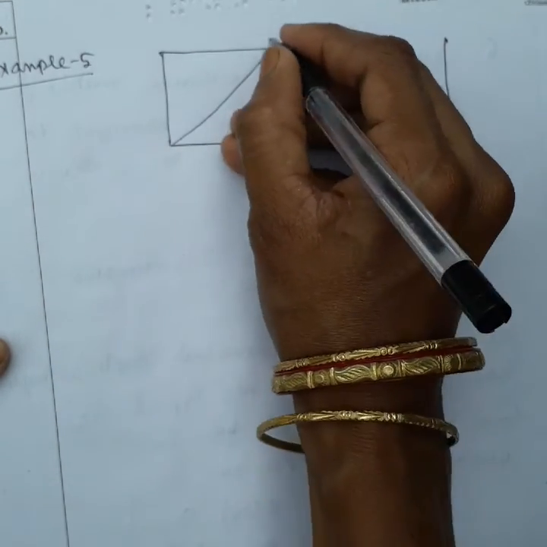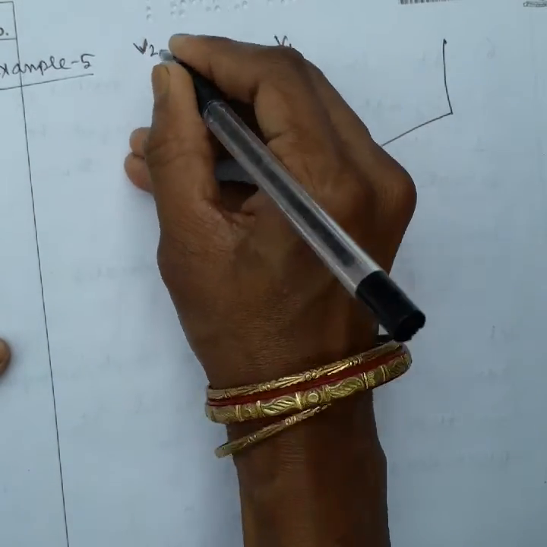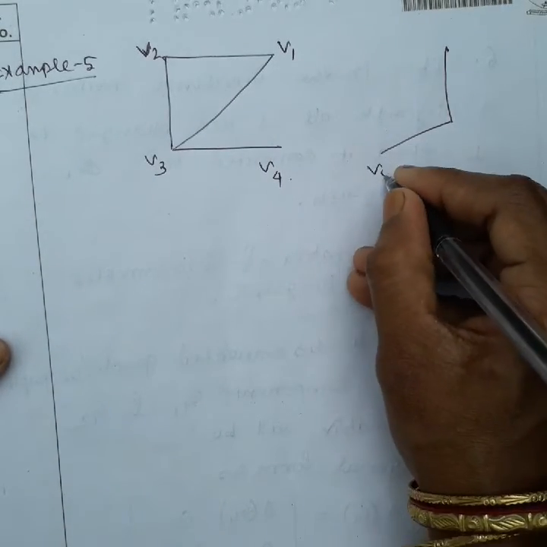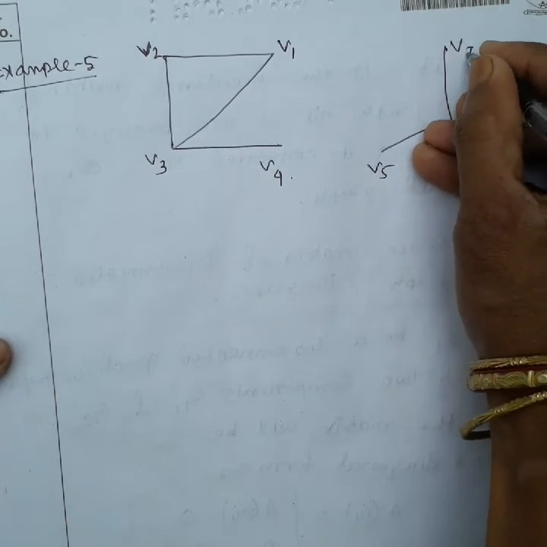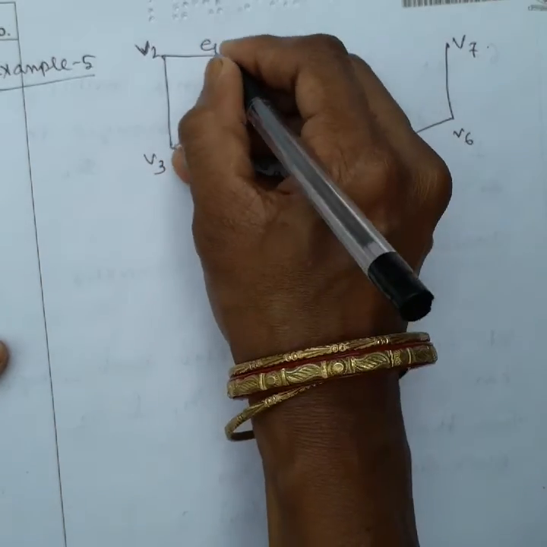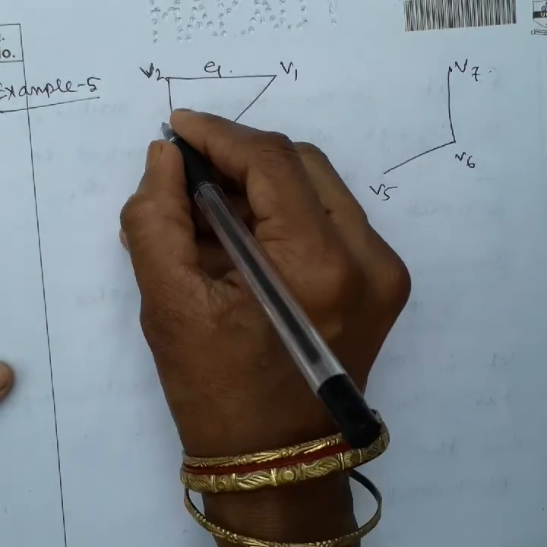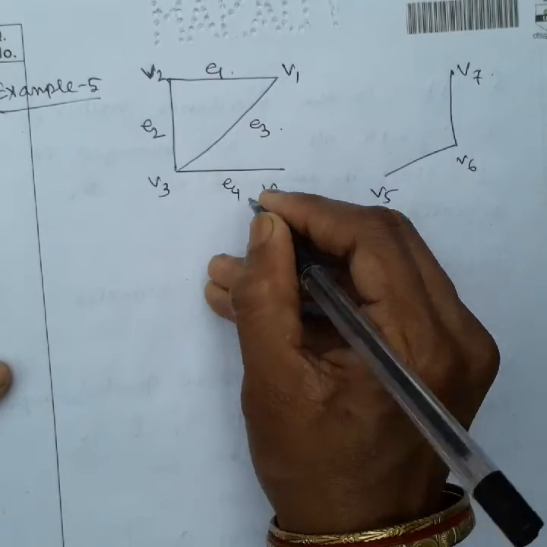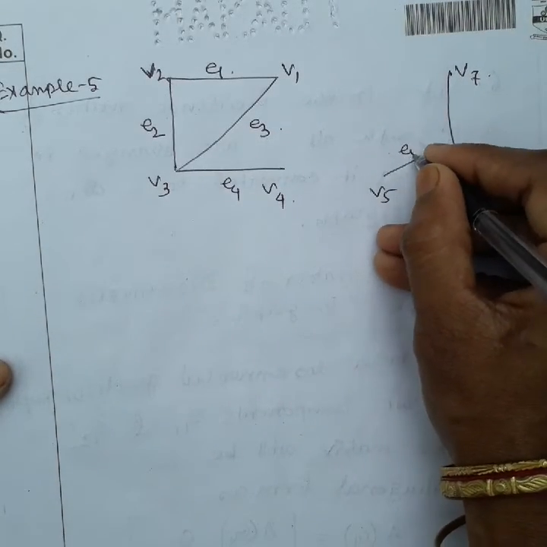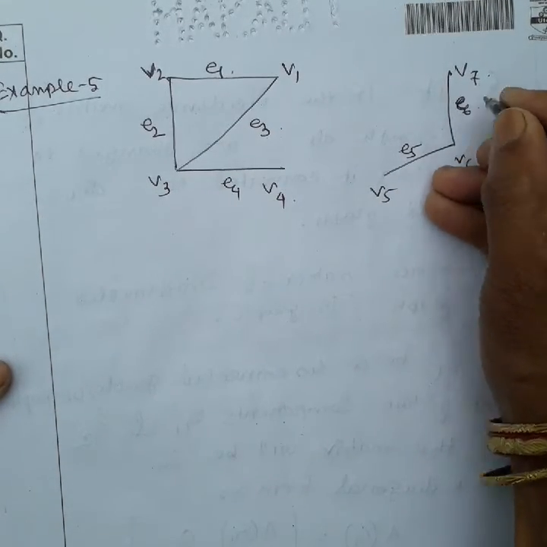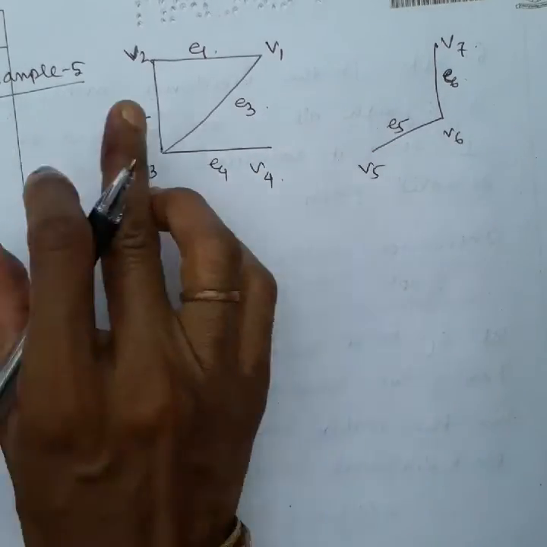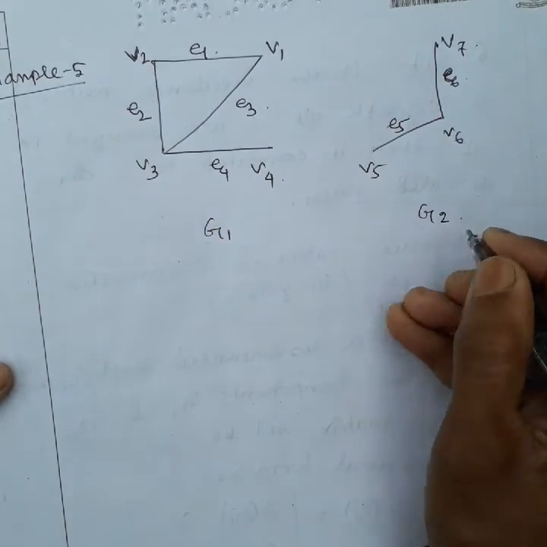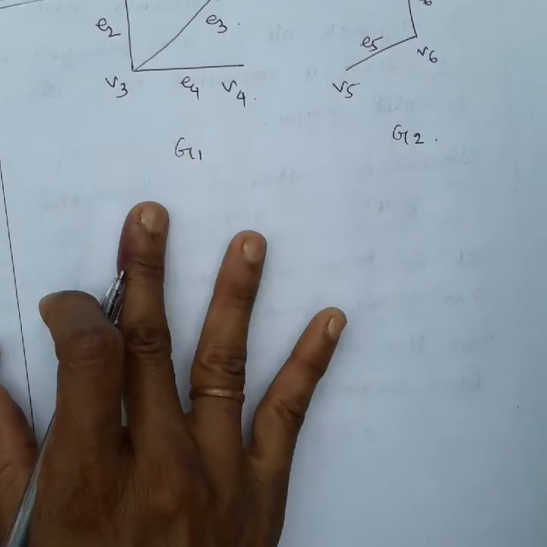say this one. Here it is V1, V2, V3, V4 and V5, V6, V7. This is E1, this is E2, E3, E4, this is E5 and this is E6. Okay, so this is the total graph G, and this consists of G1 and G2, two components.